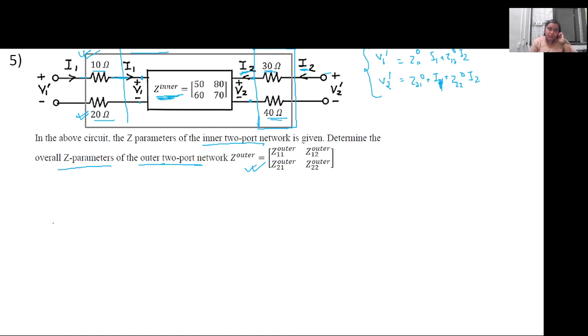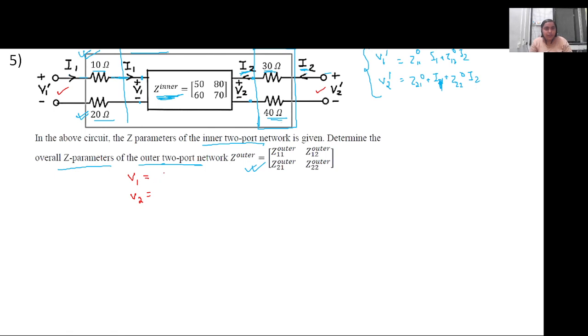We can write equations for V1 and V2 in terms of Z parameters of the inner two-port network, and then apply KVL in the input loop of the bigger box and the output loop of the bigger two-port network. Yes, right. So this is what we are going to do.